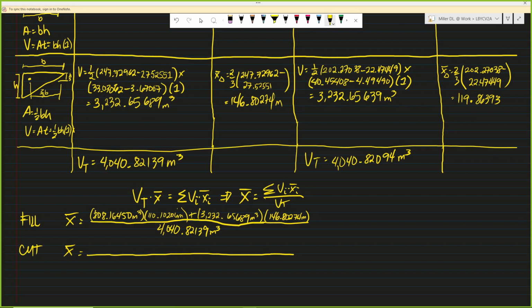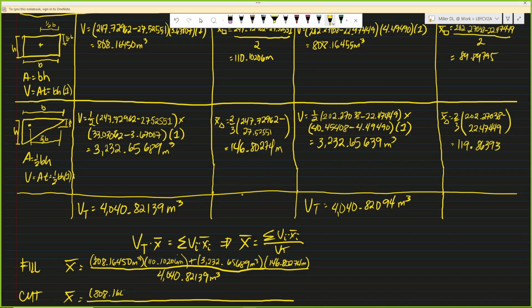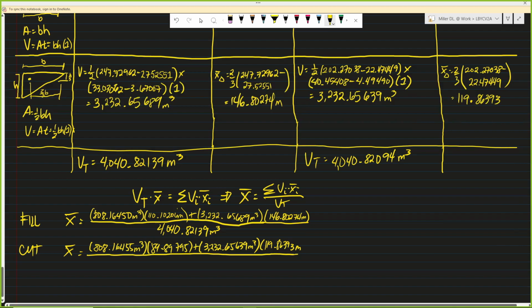Ganun din sa cut. Sulat ko lang muna. 808.16455 cubic meter multiplied by 89.89795 plus 3232.65639 cubic meter times 119.86393 meters all over the total volume, which is 4040.82094.